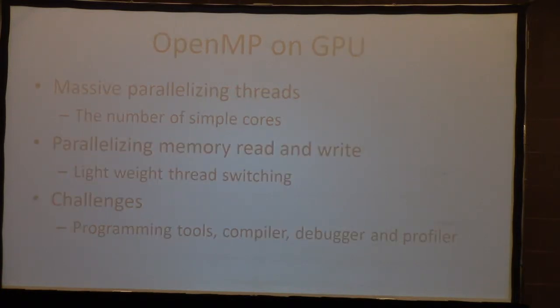Here is a summary of the highlights, in my mind, of the advantages and disadvantages OpenMP has on a GPU system. GPU has massively parallel cores not available on a regular CPU. Not only that, it can also parallelize your memory operations.